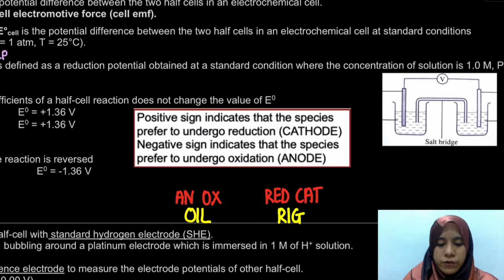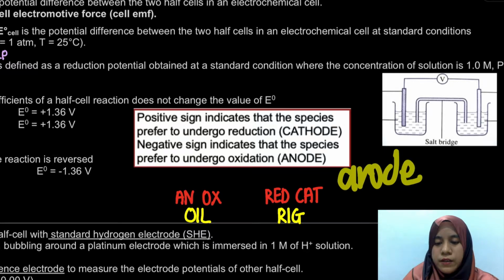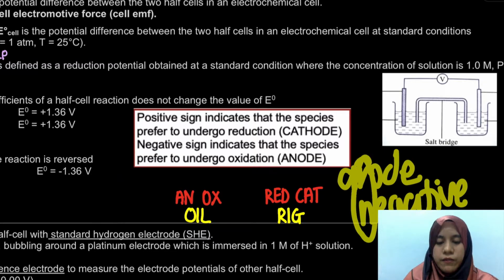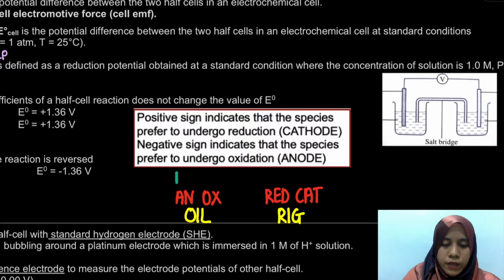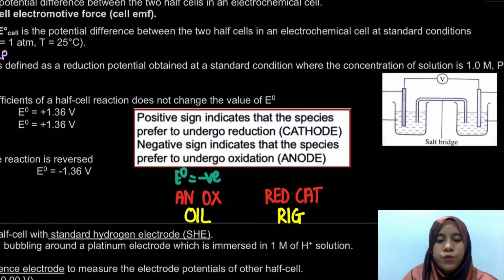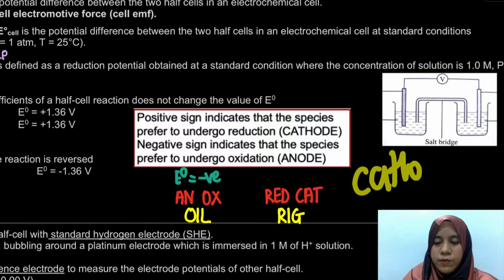For the anode or oxidation, just to remember, anode is negative. Just remember N for negative. So when E0 is negative or more negative, it will prefer to undergo oxidation. Okay, again, for cathode, just remember that the T is positive here.